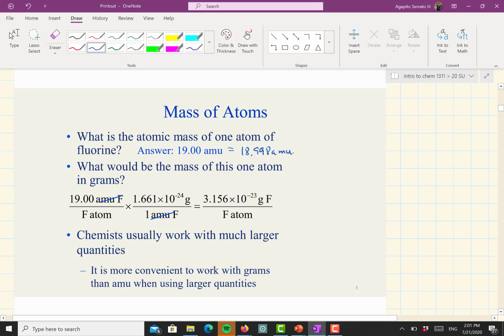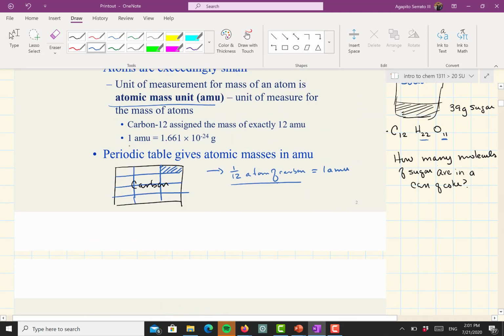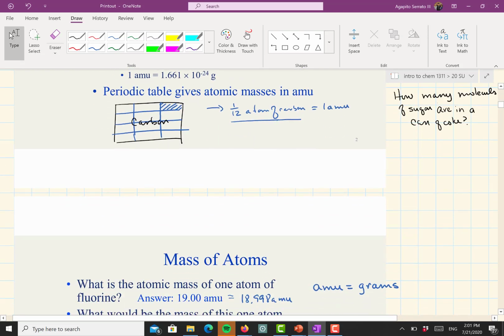So one of the good things that we're now able to define is a relationship between AMU and grams. That was given to us up here. It says 1 AMU is equal to 1.661 times 10 to the negative 24 grams.